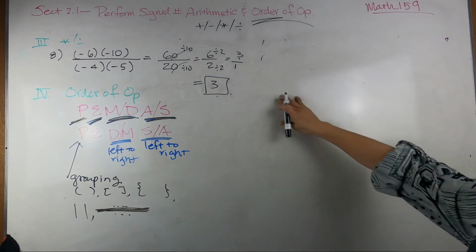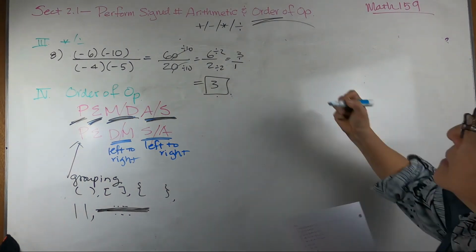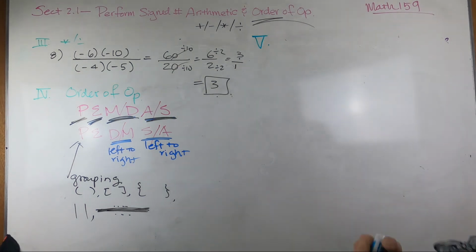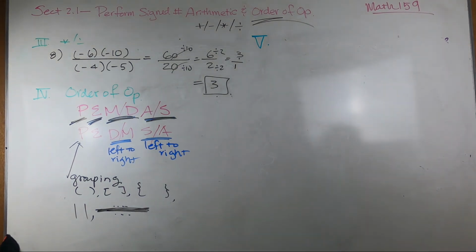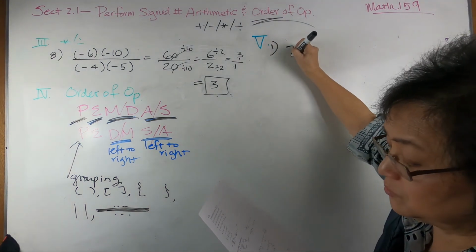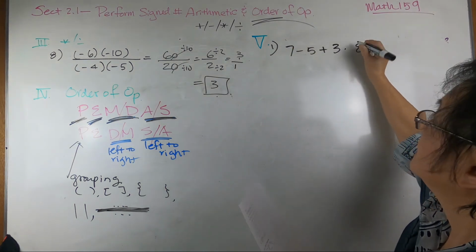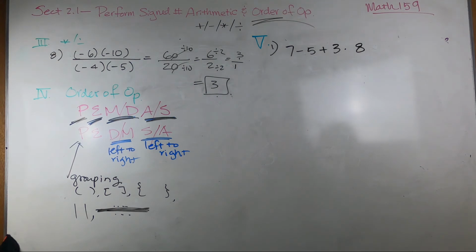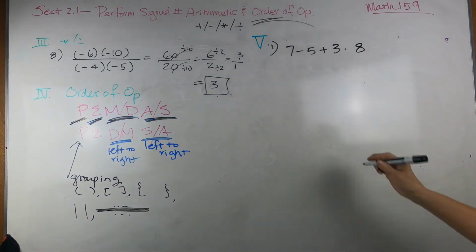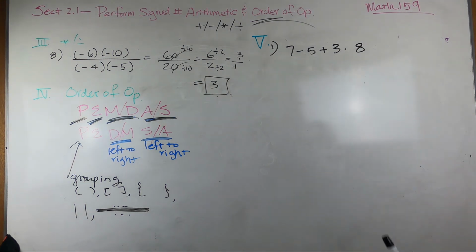So, let's see the next one, how do we actually do it, with signs. For the first one, you do need to practice. In here, we have 4 numbers with different signs: minus, plus, and multiplication.